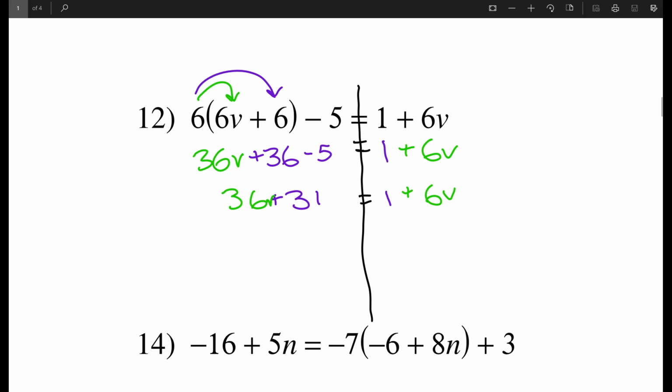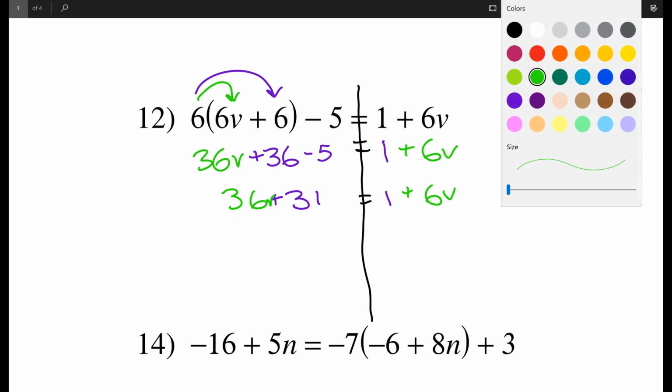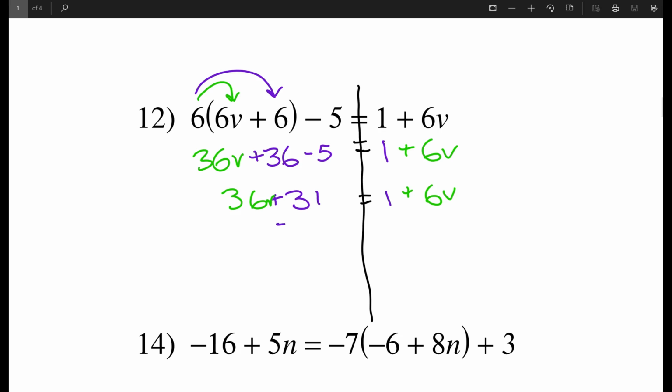What I need to do now is I need to go through and get all of my constants on one side and all my variables on the other side. This 36v looks like it's the bigger one, so I'm not going to move it. So I'm going to sacrifice and move this negative 31. I'm going to subtract 31 from both sides.